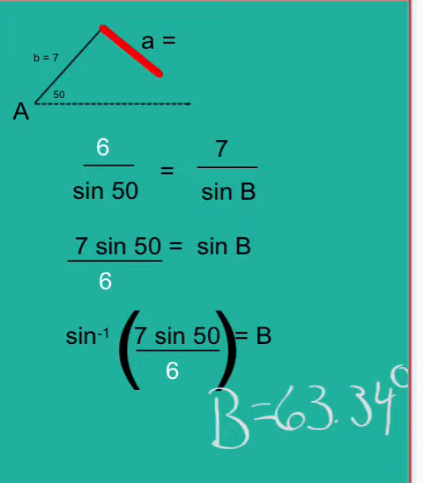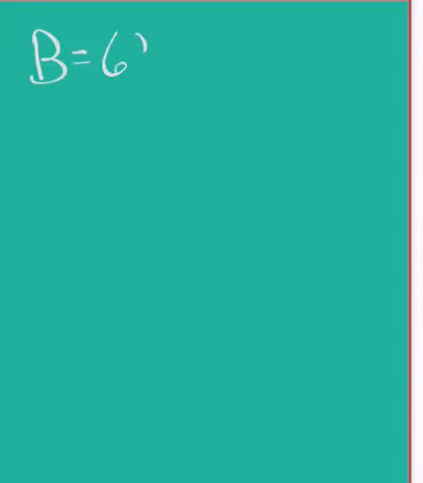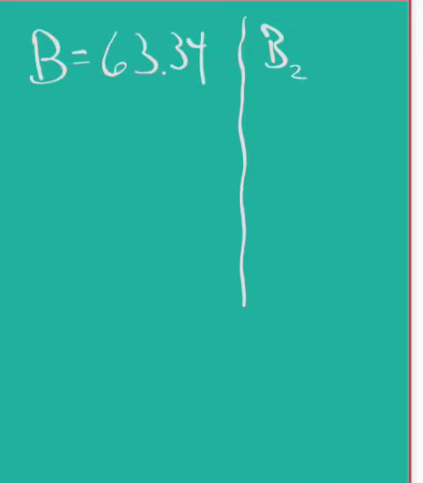So therefore, we should be thinking not only of the b being 63.34, but possibly the b, and I'll call this b2, being the supplement of that, or 116.66.